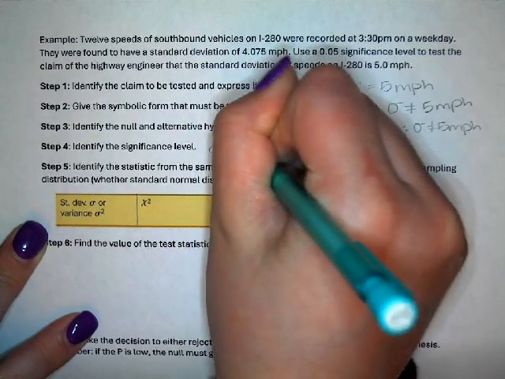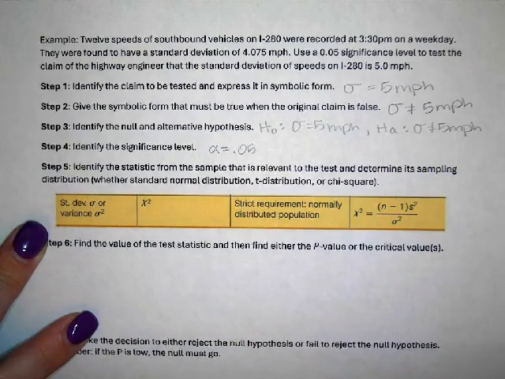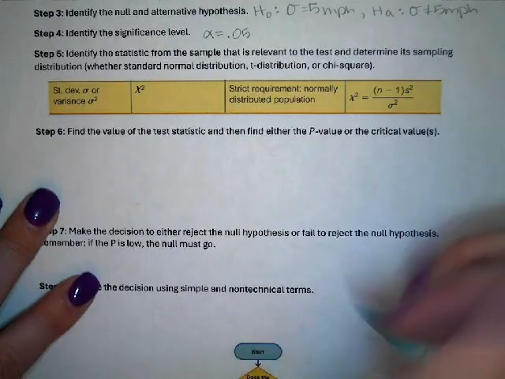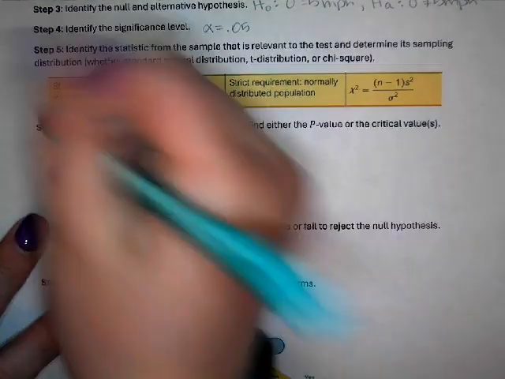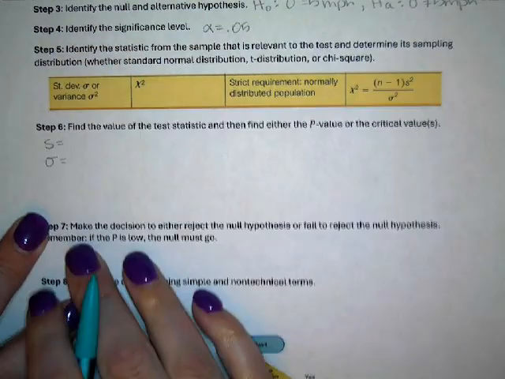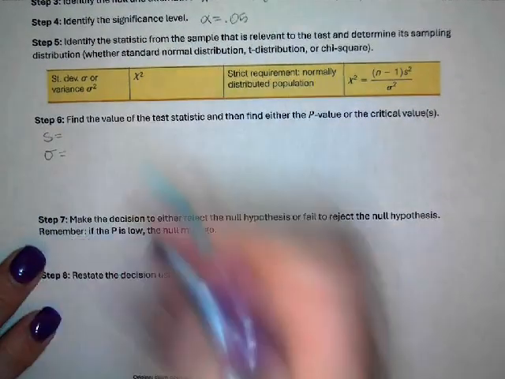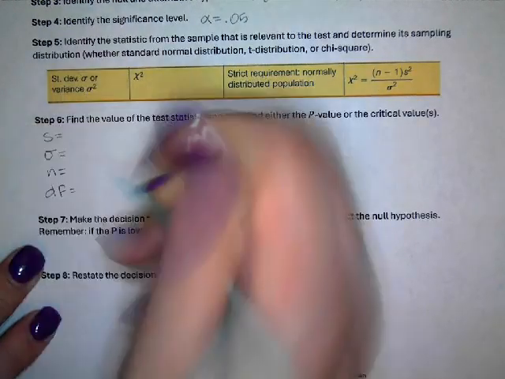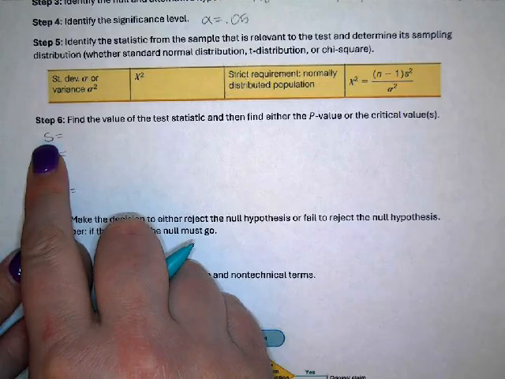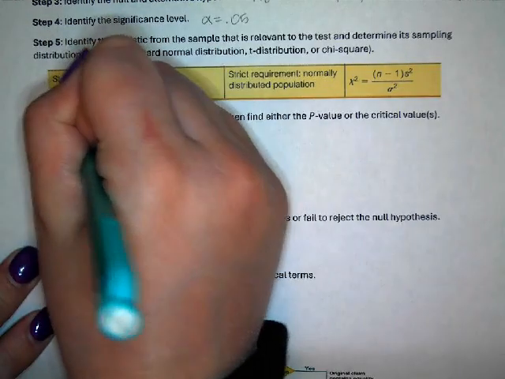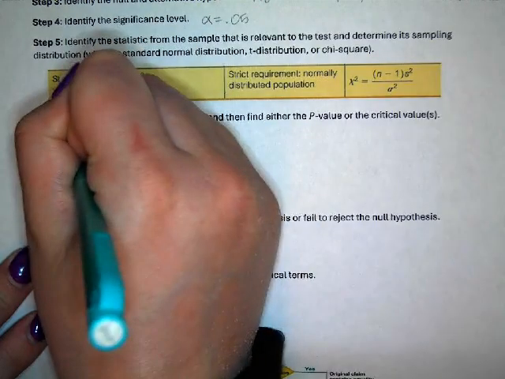Again, we have that same formula. So find the value of the test statistic. So we need to know the standard deviation for the sample and the population. We need to know the sample size and the degrees of freedom. So the standard deviation for the sample was 4.075. For the population, it's supposed to be 5. The sample size was 12, and so that makes the degrees of freedom 11.